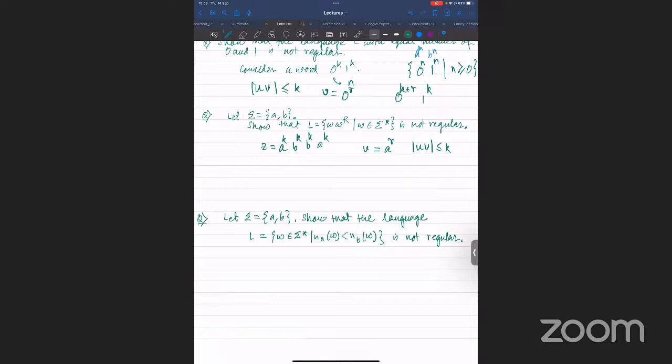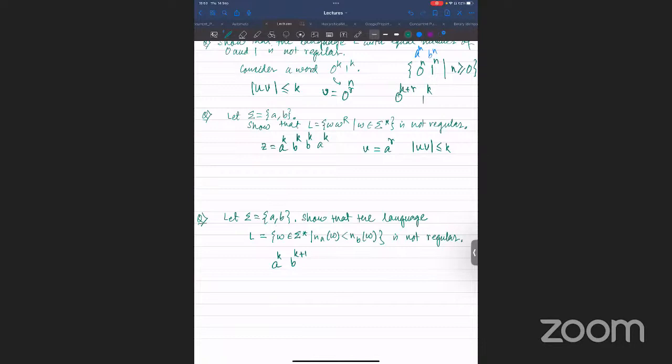n_a(w) less than n_b(w)? You choose some k. I have to choose the z. So what z can I choose? a^k b^(k+1). And you are done, right? I pump it a few times, correct?